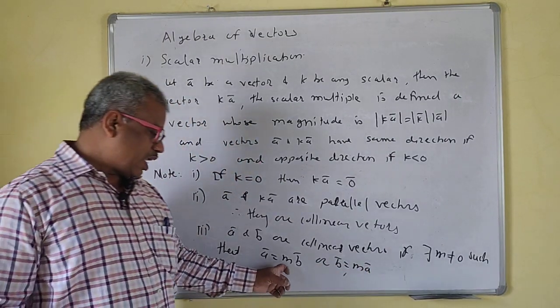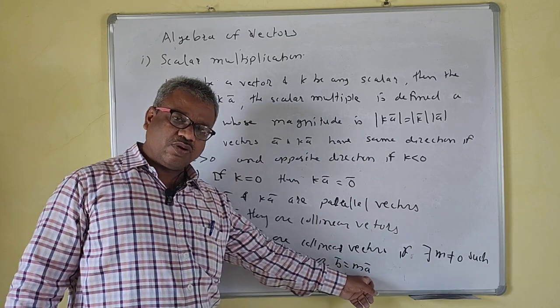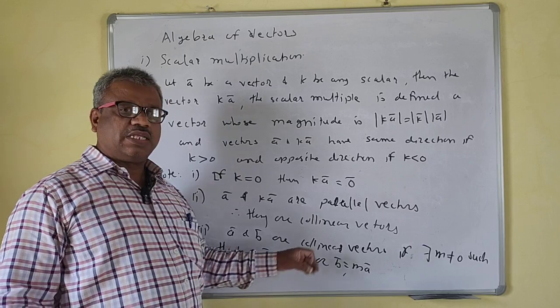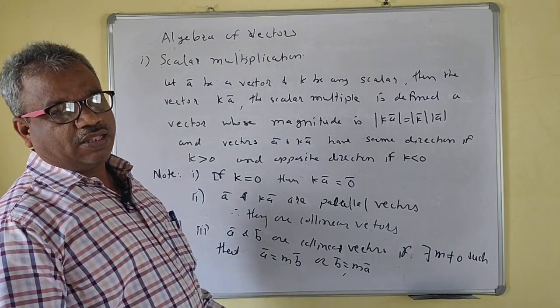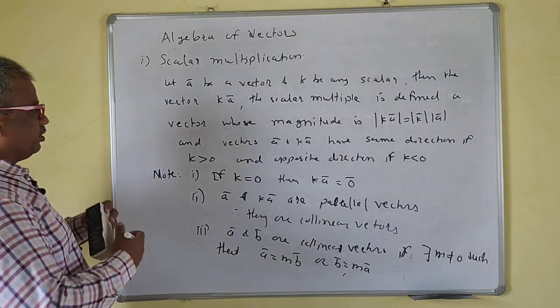That means one vector is a scalar multiple of the other. Then two vectors are collinear vectors, or two vectors are parallel vectors.